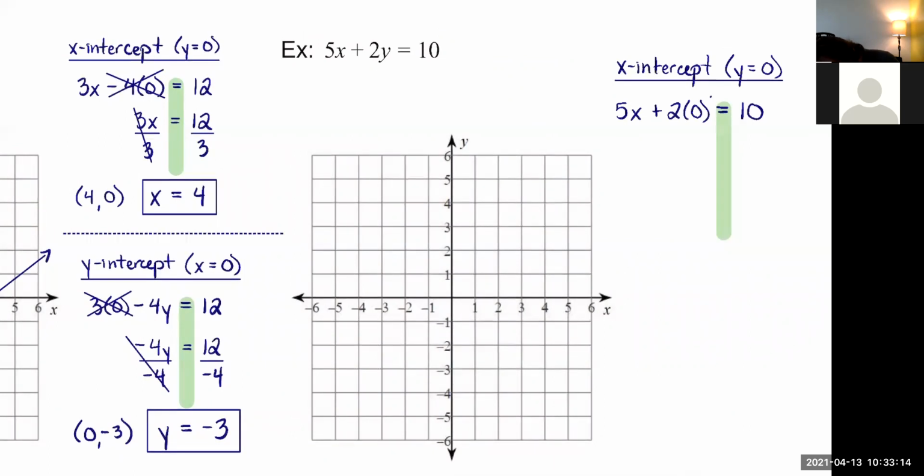You're going to notice that that 0 knocks out a term yet again, leaving me with just 5x equals 10. And then how would I solve this? Divide by 5. So for this one, I get x equals positive 2. And again, in terms of coordinates, that would be (2, 0).